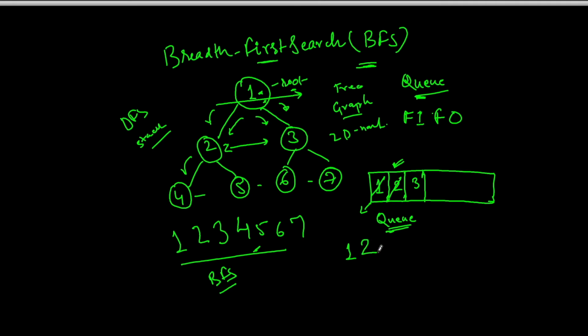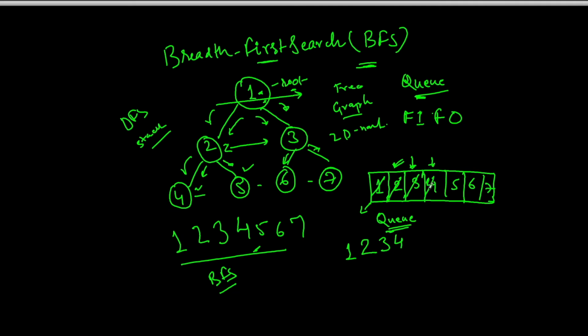And then we'll see if 2 has any child, we have 4 and 5, so we'll add 4 and 5 to the queue. Now we'll take out the next node. It's going to be 3. Then add the children of 3 to the queue, so 6 and 7.